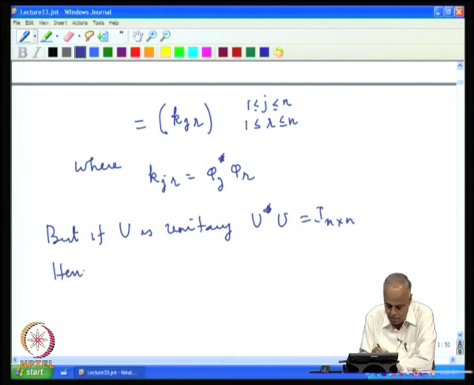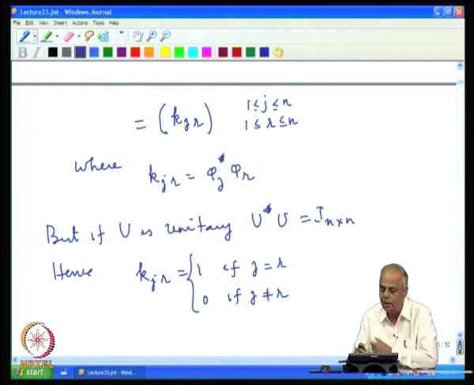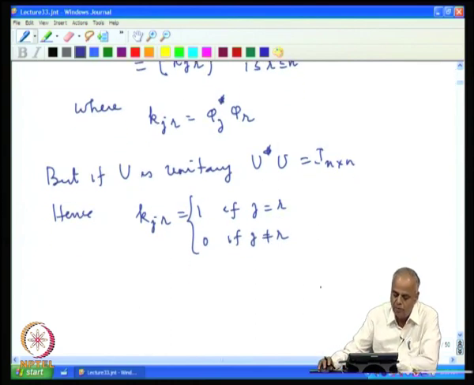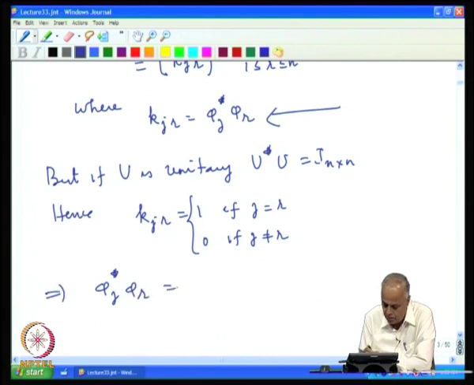Hence, K J R must be equal to 1 if j equal to r and 0 if j is not equal to r. Because for an identity matrix, the diagonal entries are all 1 and the off diagonal entries are 0. Comparing with this, we get phi j star phi r is equal to 1 if j equal to r, 0 if j is not equal to r.